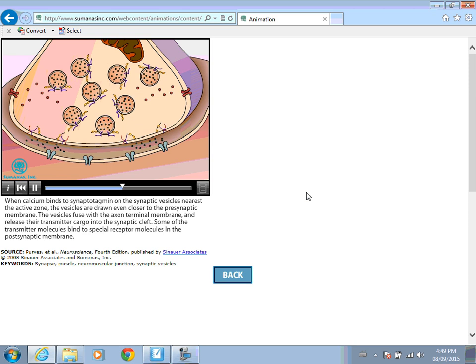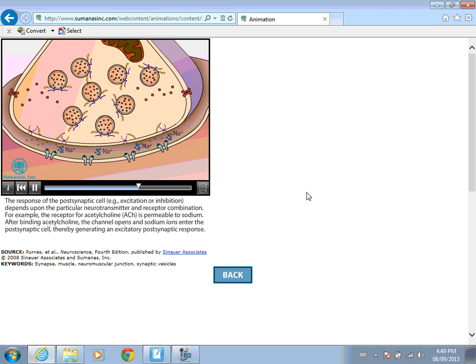Some of the transmitter molecules bind to receptors on the postsynaptic membrane. The response of the postsynaptic cell, either excitation or inhibition, depends upon the particular neurotransmitter and receptor combination. For example, the receptor for acetylcholine is permeable to sodium. After binding acetylcholine, the channel opens and sodium ions enter the postsynaptic cell, thereby generating an excitatory postsynaptic response.